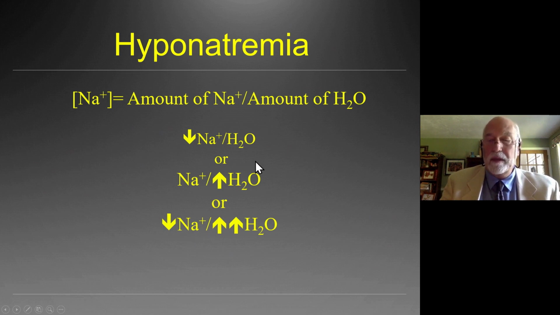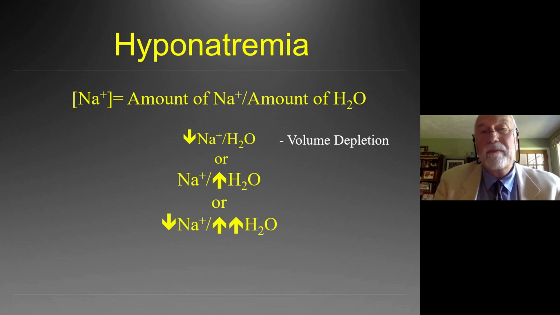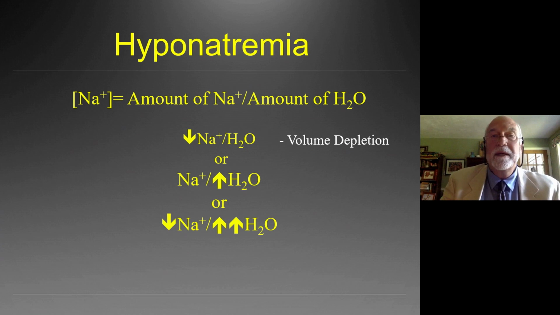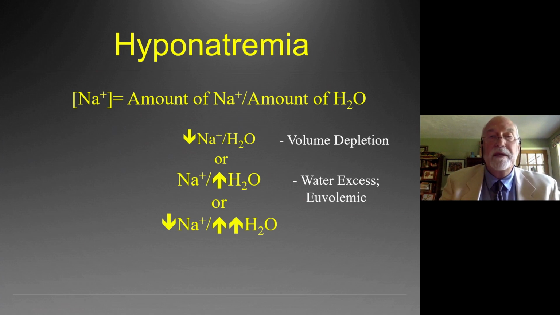Now, remember, sodium is the major extracellular osm and really determines our volume status. And remember that sodium is regulated by the renin-angiotensin system, whereas water is regulated by ADH and is commonly seen in euvolemic patients to be in excess of water or a hyponatremic state.